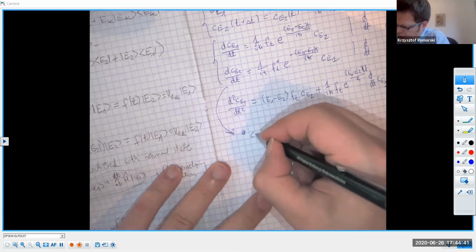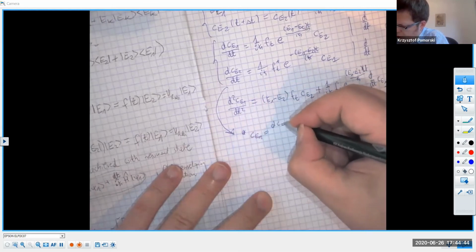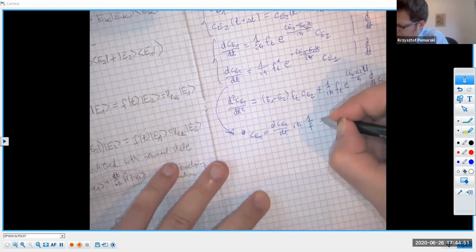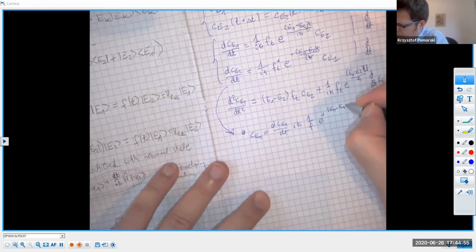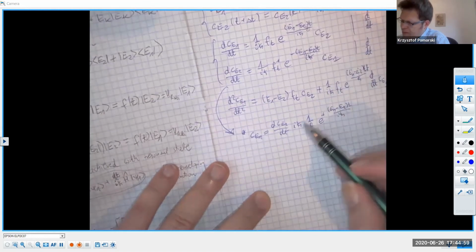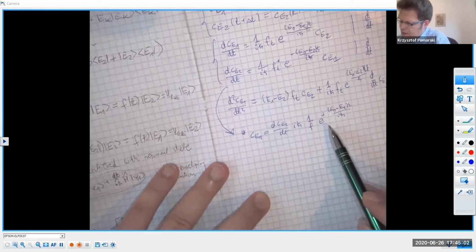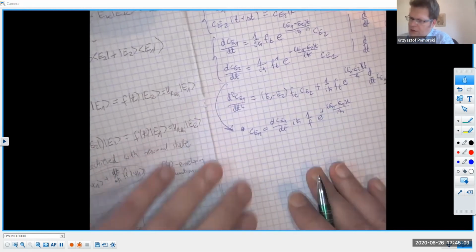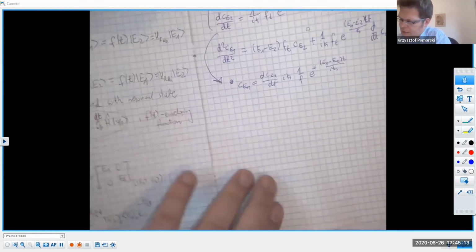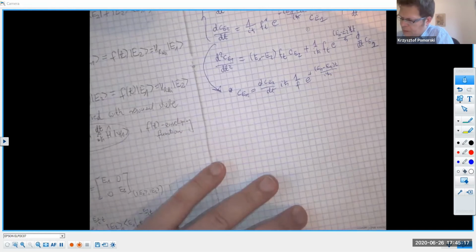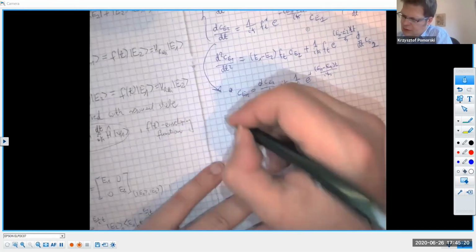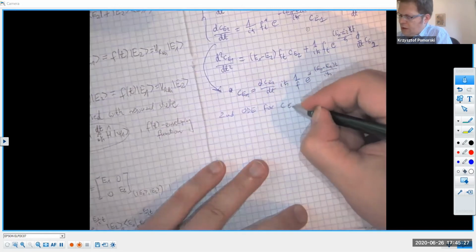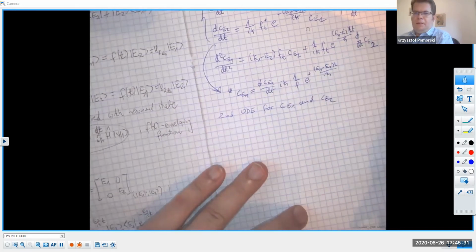So we can reduce to a second-order ordinary differential equation for C1 and C2.